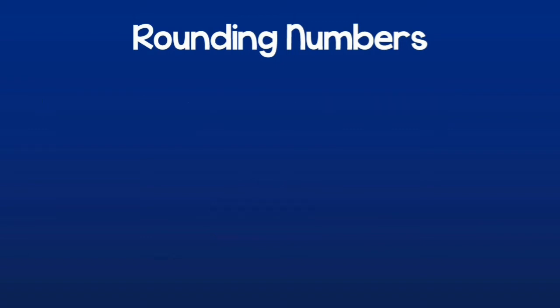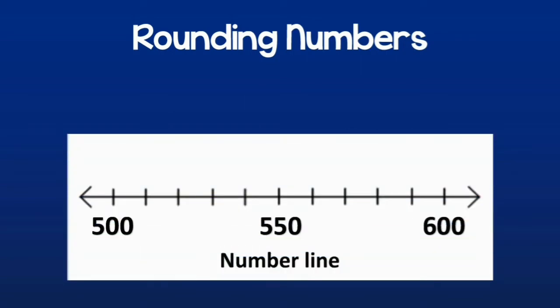Okay, now let's first look at the number line. 532 lies between 500 and 600. Let's look where it would come on the number line. It looks like it's nearer to 500 than it is to 600.